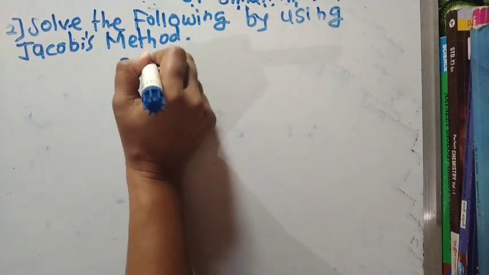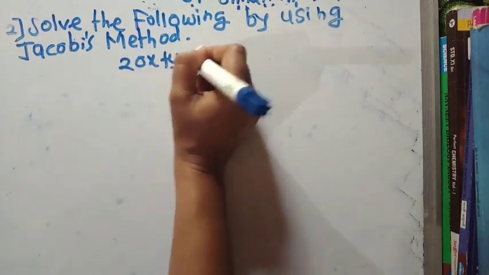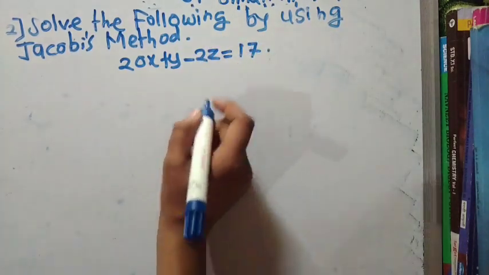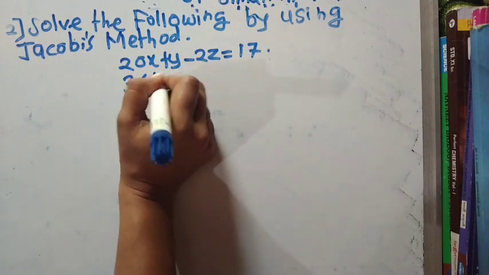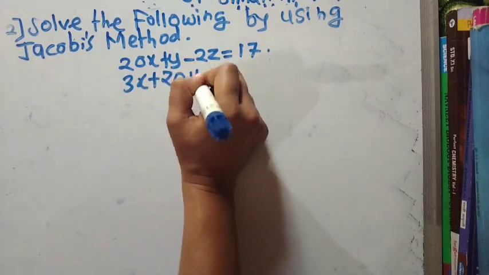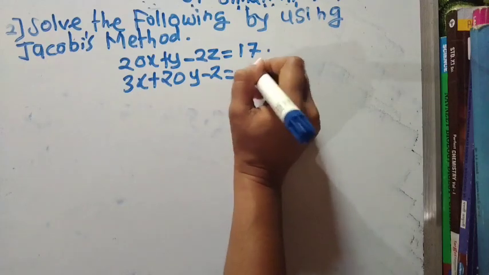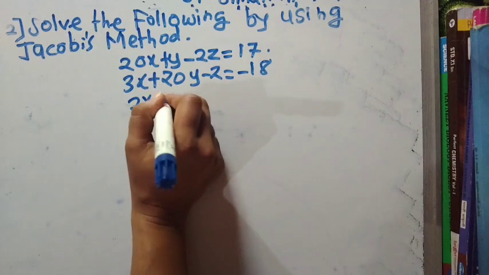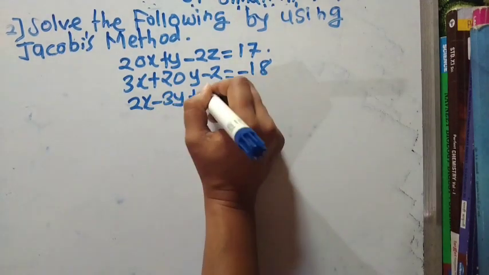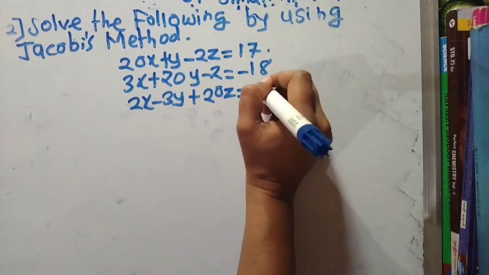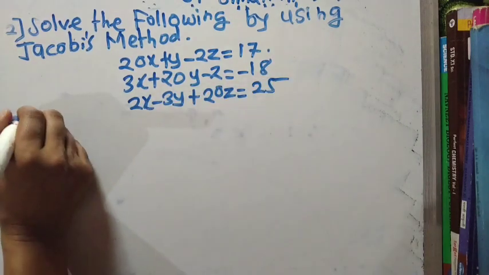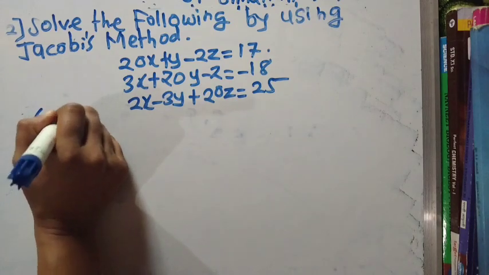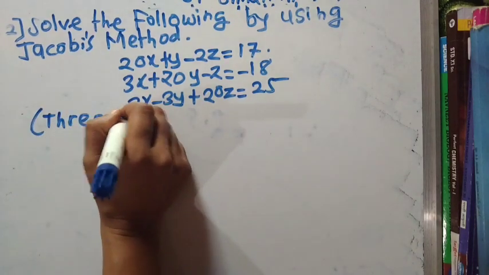So first is 20x plus y minus 2z is 70. Then next is 3x plus 20y minus z is equal to minus 80. And then 2x minus 3y plus 20z is equal to 25. Then here carry out 3 iterations only.